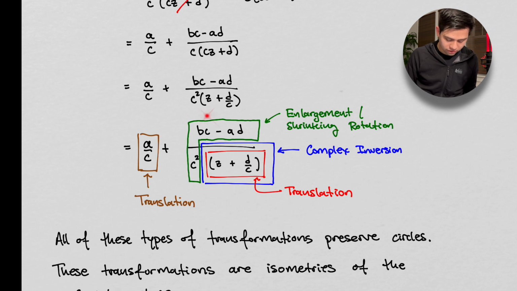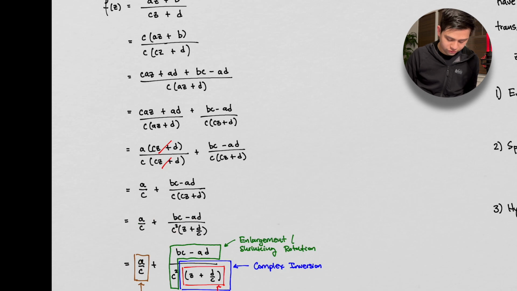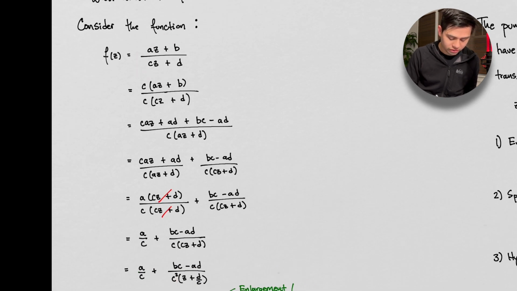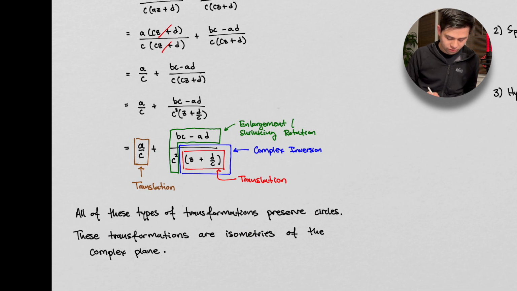But then we have a factor of enlargement or shrinking and rotating with this green factor up here. And then we have translation. So this transformation is a combination of just translations, inversions, and rotations.